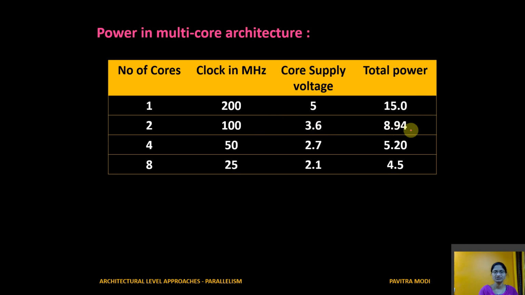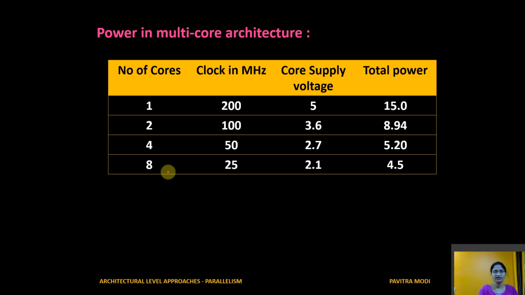a much reduction in power dissipation if the frequency is reduced by half and the supply voltage has been reduced to some lower value. And if the number of cores are said to be 4 and the frequency is going to be 200 divided by 4, it's going to be 50 megahertz. And the core supply voltage can be even reduced to a lower value, and here it is taken as 2.7 volts, and the total power consumption is 5.2.